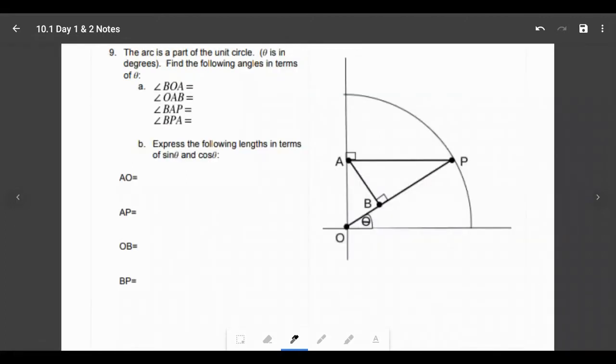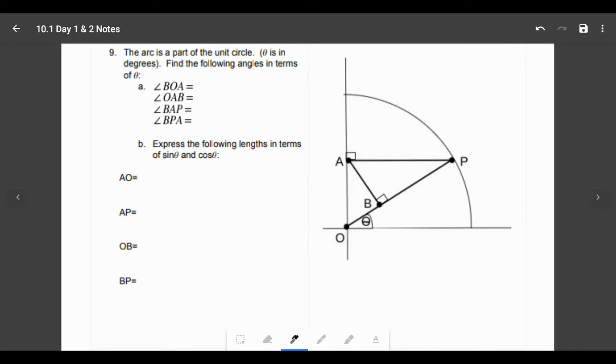Moving on to problem 9, we now have this diagram where we have an arc that is part of the unit circle and where theta is in degrees. So the first thing that we're going to do for part A is find all of these angle measures in terms of theta.